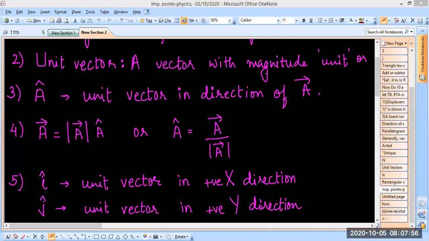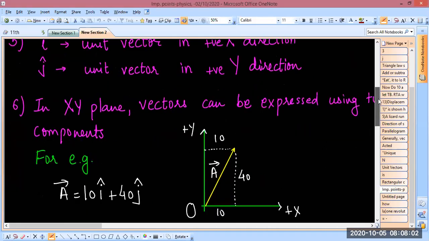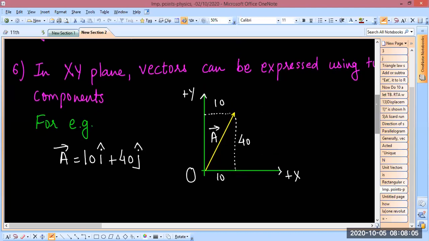I'm making you revise all this because it's really important. And then here I've given you one example, so hopefully you understood how we got this finally. This is where we stopped. It's also called a cap.